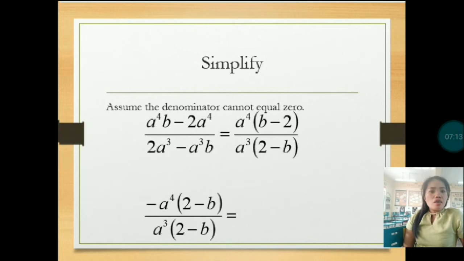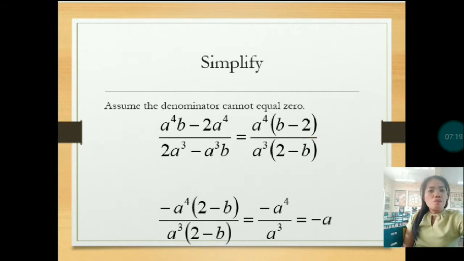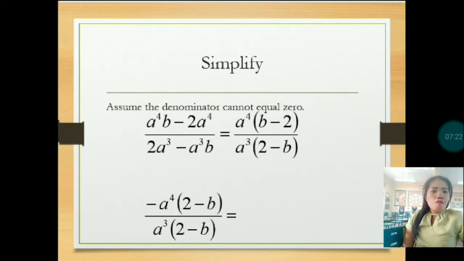Okay. The next thing that we're going to do, what have you noticed with the ones enclosed in parentheses? You have here 2 minus b, and we have b minus 2 in the numerator, and 2 minus b in our denominator.